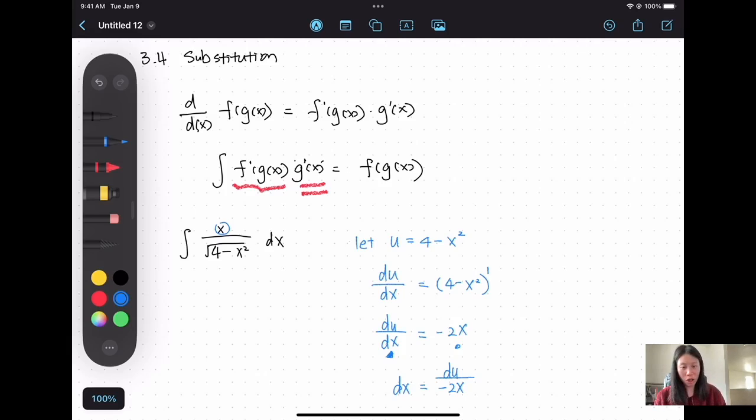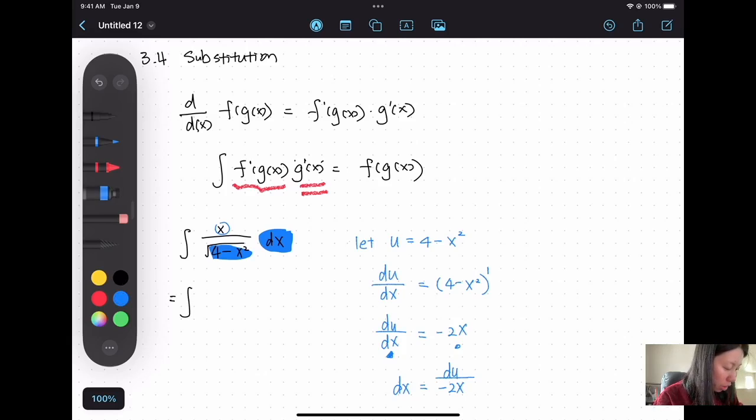Okay, so when we call this U-substitution, that means we want to substitute, right? Okay, so now take a look here. I have this part equal to u, and this part we just found is equal to du over negative 2x. So we substitute these two parts back into the function.